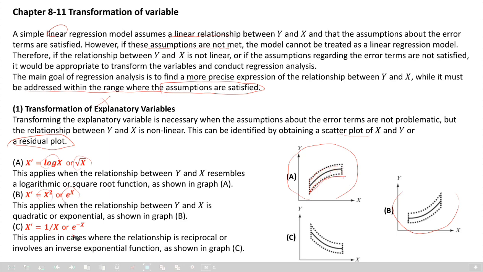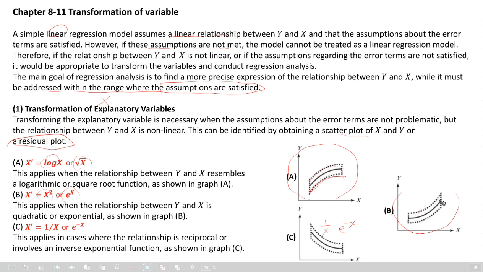1 over x, or exponential power minus x. This applies in the cases where the relationship is reciprocal or involves an inverse exponential function, like this, okay? 1 over x or exponential minus x power in graph C, like this.